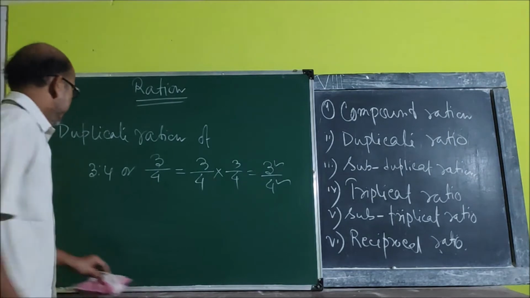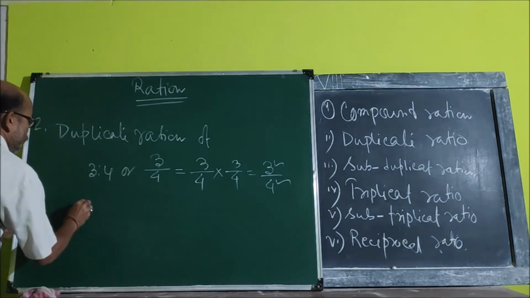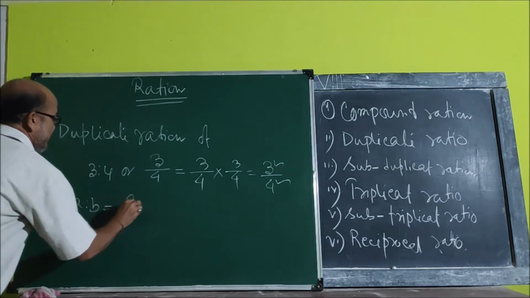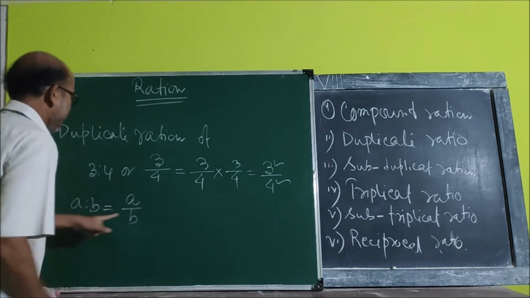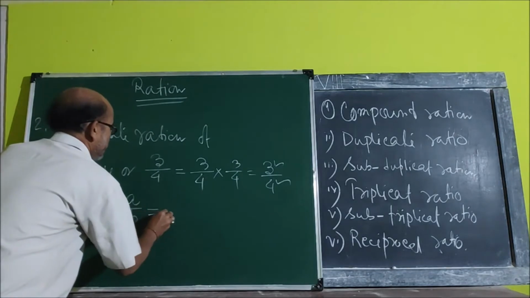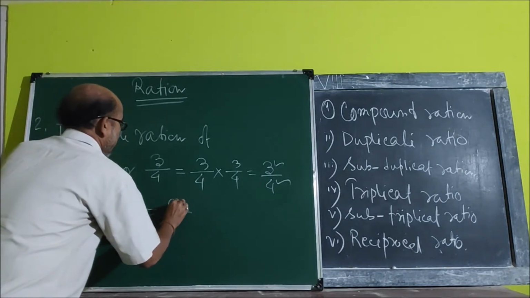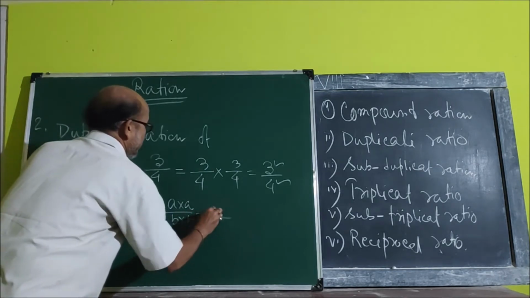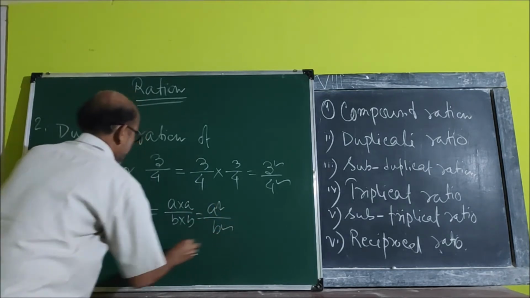It means if A is to B, we can write A by B. Its duplicate ratio is A into A over B into B, equal to A square by B square.